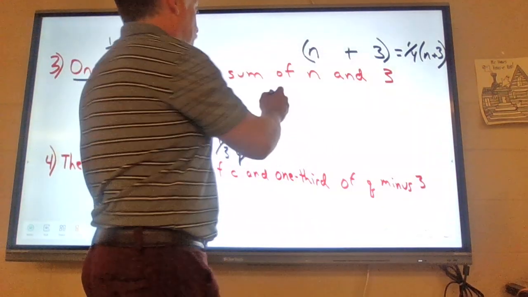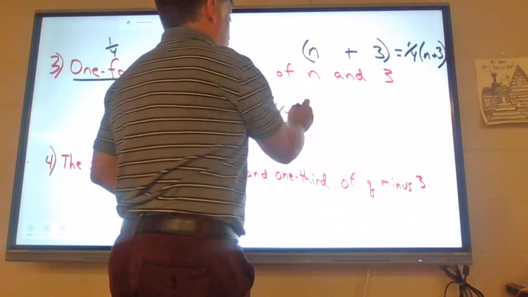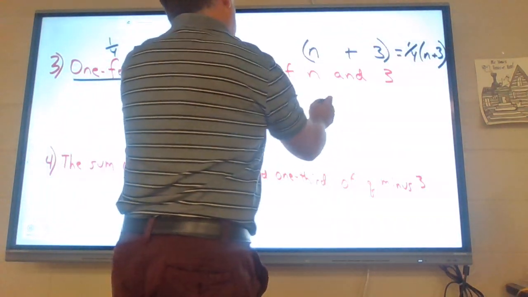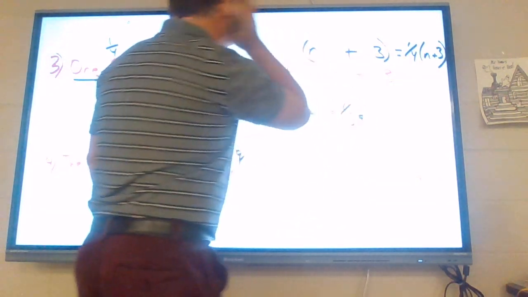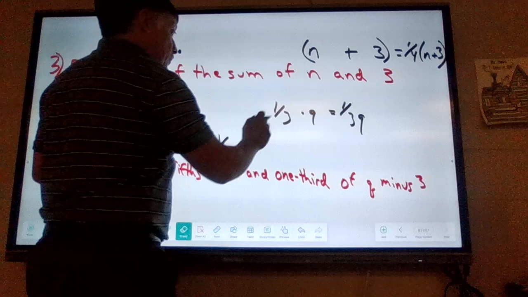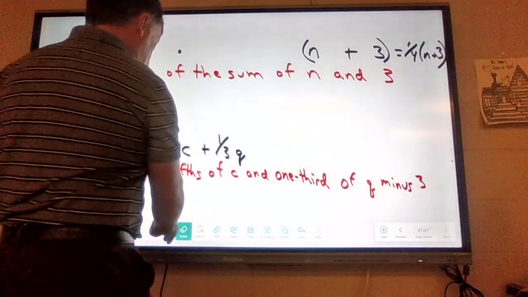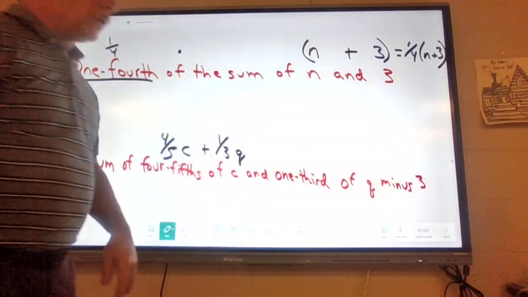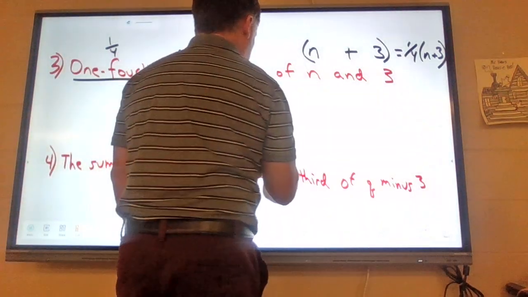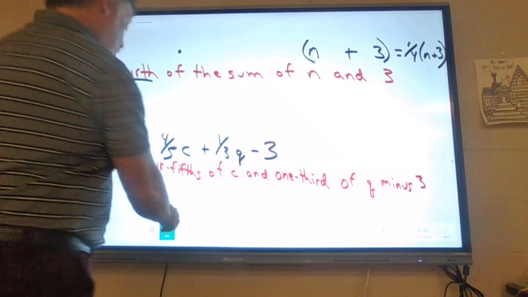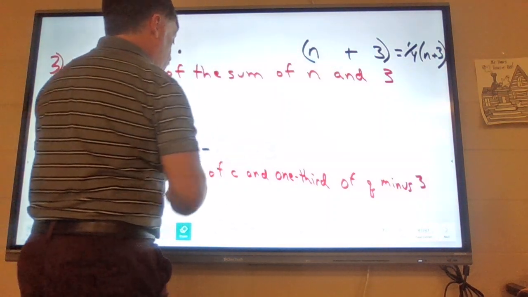1/3 of Q means 1/3 times Q, and like I said, we need to put those together like that, okay? Same philosophy right there. All right, now, you've got to find the sum of those, and then it says minus 3, okay? So if you want to, we can adjust this a little bit.